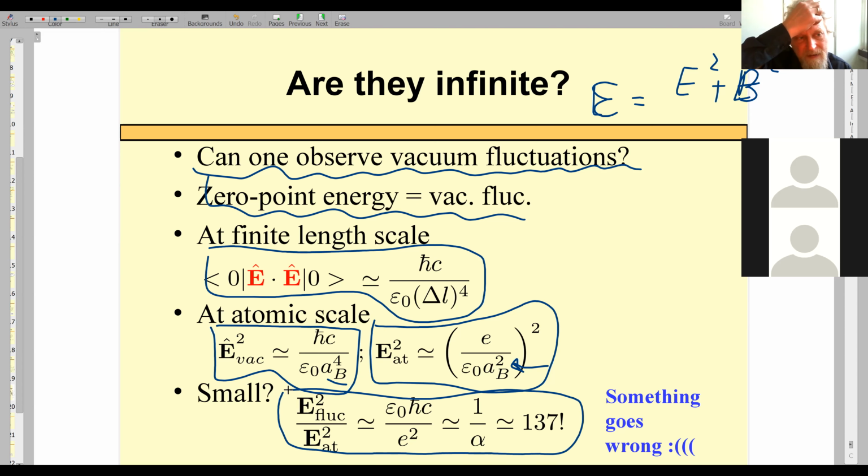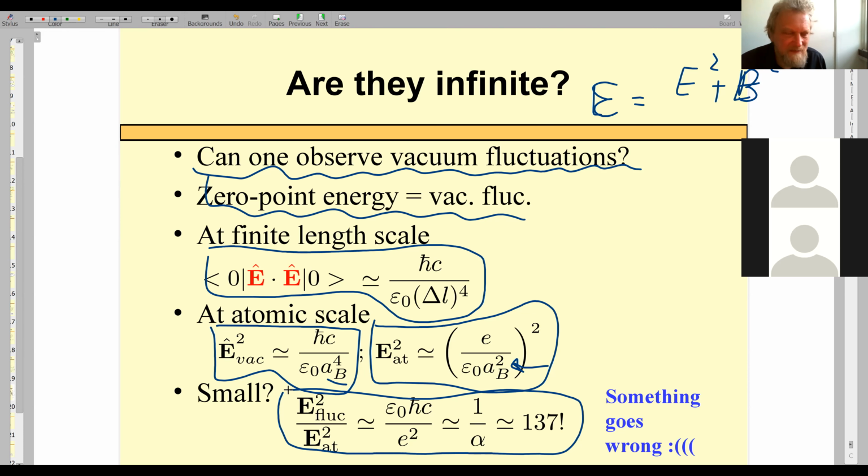In fact, electromagnetic field fluctuations at this space scale exceed the average field in atoms by a factor of 100.